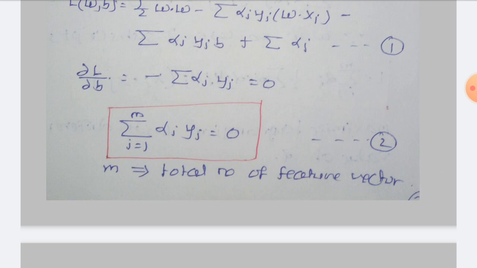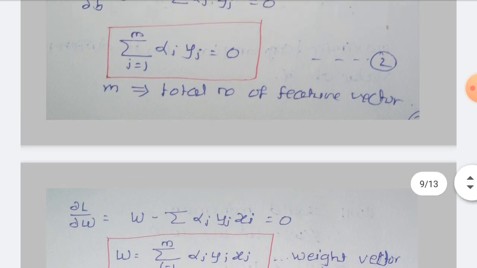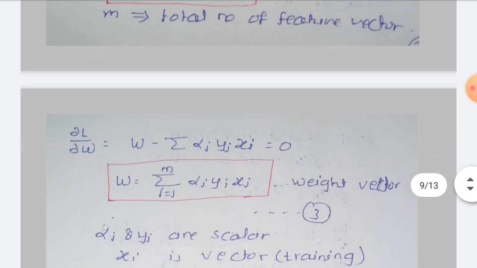Now let us differentiate with respect to W. By differentiating the above equation with respect to W, we get W minus summation of alpha i yi xi equal to 0.